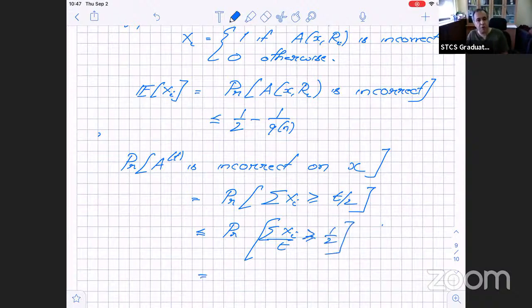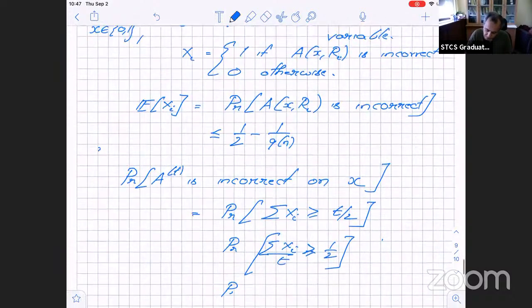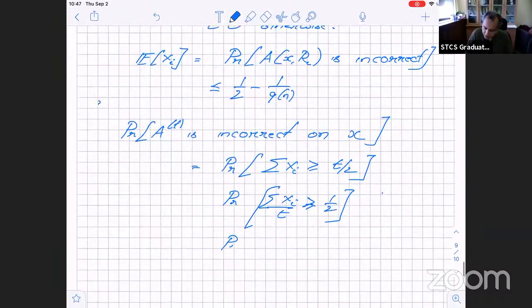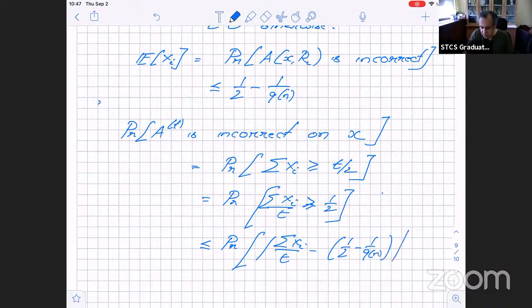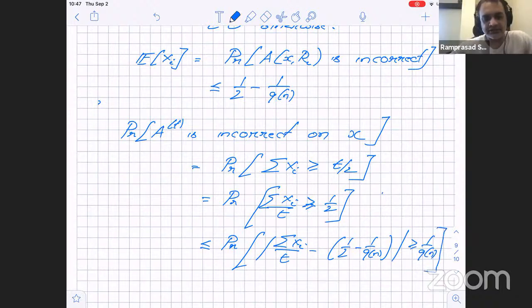I want to apply Chernoff bound, so I want to compare summation Xi by T to the average. What is the average? The average is half minus 1 over Q of N. So this quantity is the same as this. This is less than or equal to probability summation Xi by T minus the mean is greater than or equal to 1 over Q of N. You probably don't want to put an absolute value here.